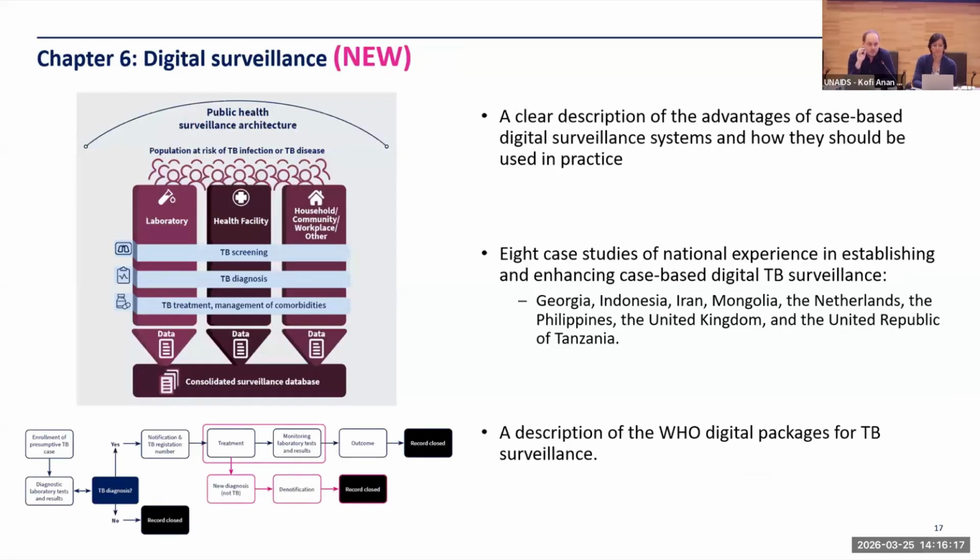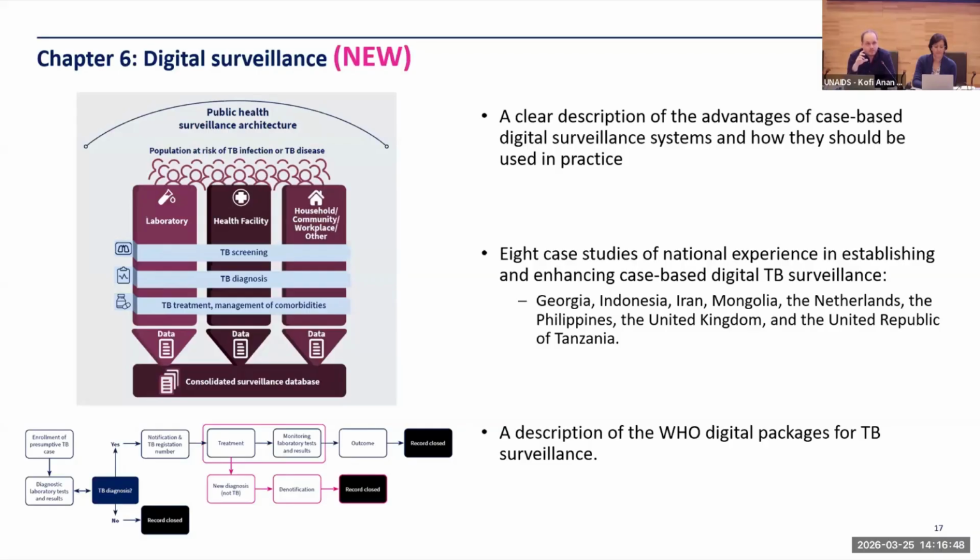Chapter 6, just to put a little spotlight on it, is covering digital surveillance. So we know that TB data are not just generated at the health facility, but they're also being generated at the lab, at the household and community, all along the pathway of prevention and care. And so the vision is to have a consolidated surveillance database that brings together all of these data into one place using a system that fits within the public health surveillance architecture.